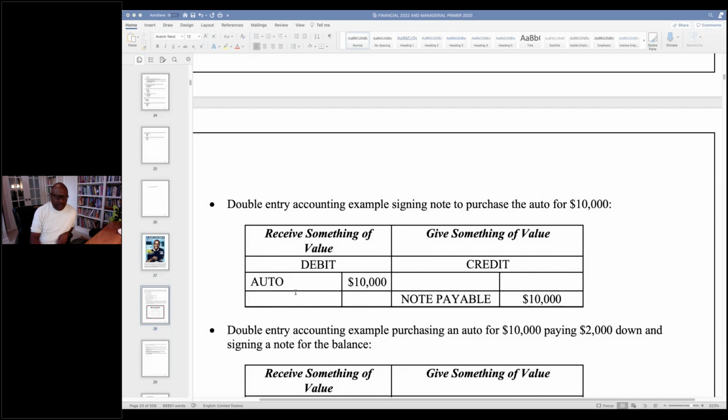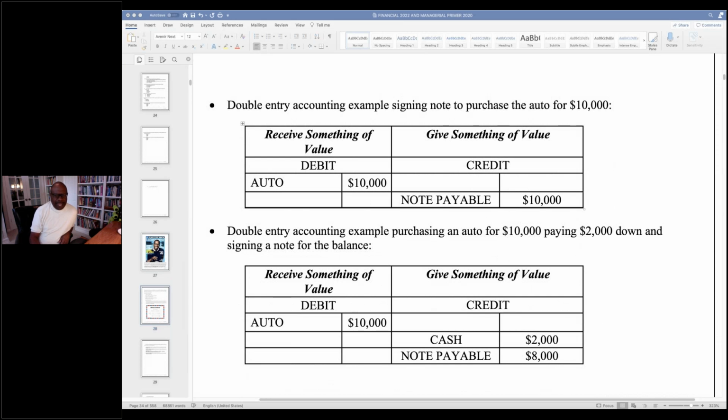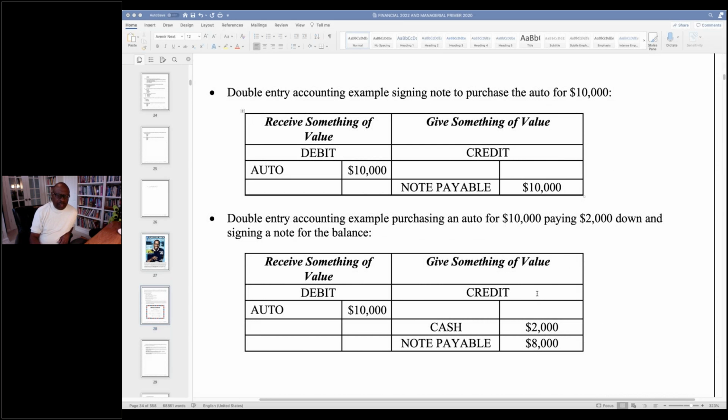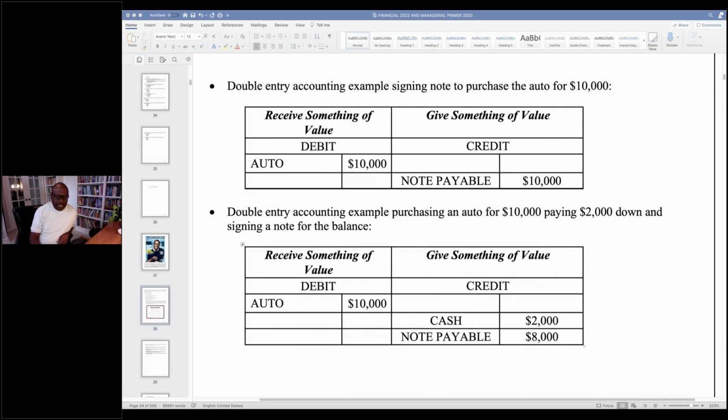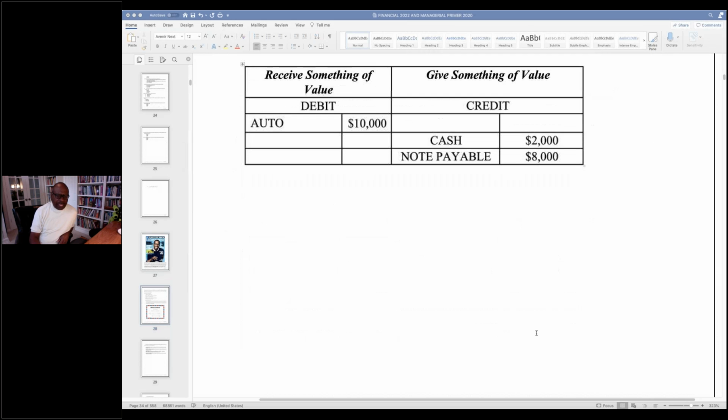That's what you gave up. You got an auto, you gave up a note that you have to pay. And finally, we have that situation where you purchase the auto paying 2,000 down, and you sign the note for the balance. So you debit auto, you credit cash, and you credit notes payable. The debits always have to equal the credits.